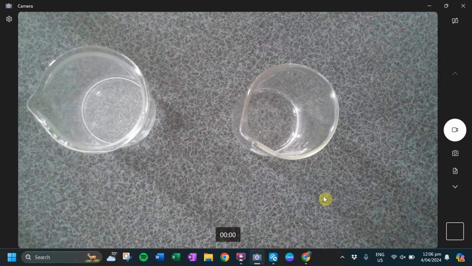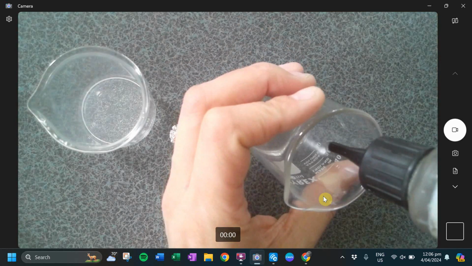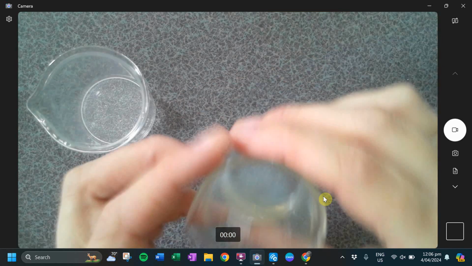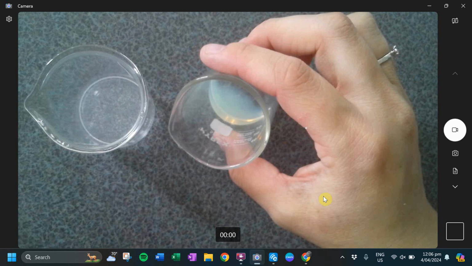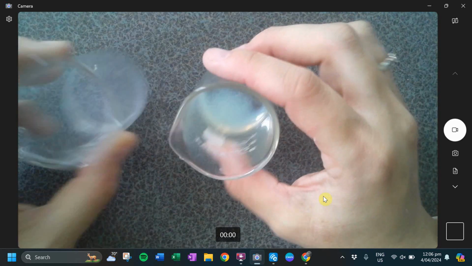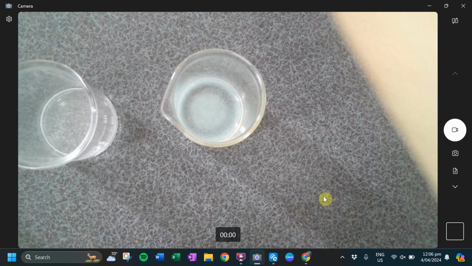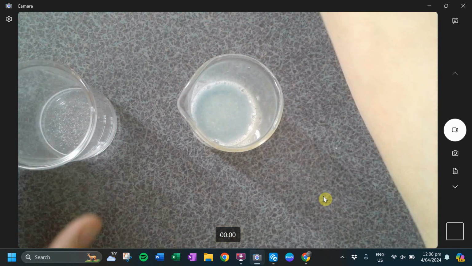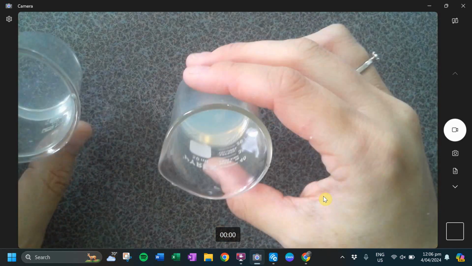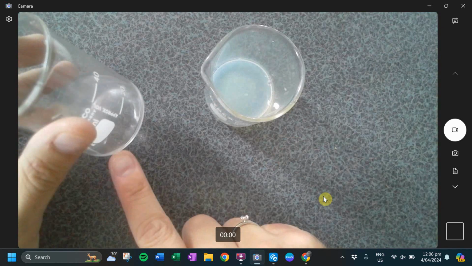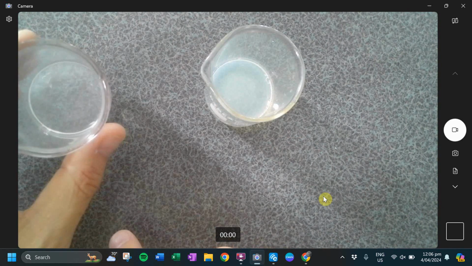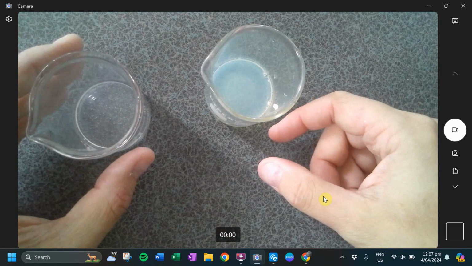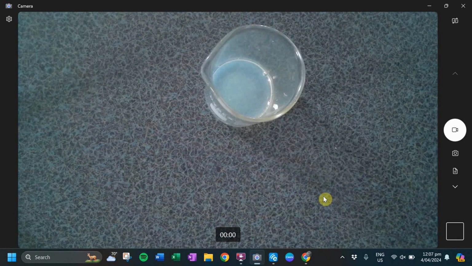I'm going to add the silver nitrate. You see how this one has a different color tone to it? Chloride versus iodide. And then I'm going to add the ammonia to it. You see how in this case it doesn't have a change to it? Whereas this one, you notice how it's not as white. Do you agree with me? So this one has dissolved. This one has not dissolved. When you go to the flow chart, what does that tell you?